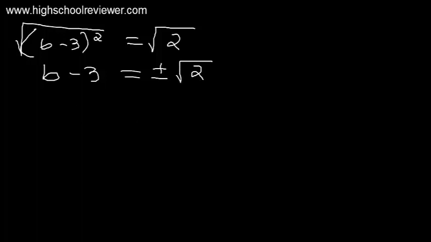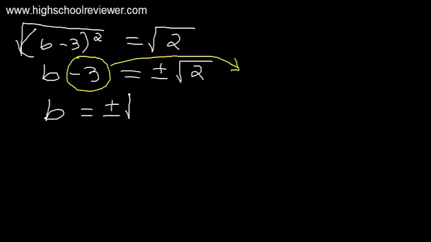Now, to find b, we need to transpose negative 3 to the other side. So transposing, what will be left on the left side will now only be positive b, and this will be plus or minus the square root of 2. If we transpose negative 3, this will change sign.